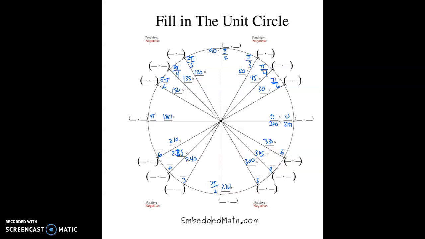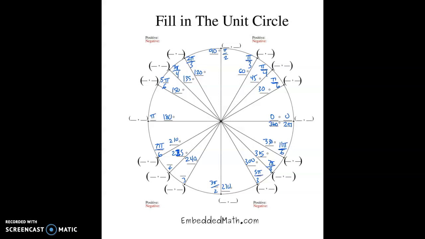One more than 6 pi over 6 would be 7 pi over 6. And then over on this one, 2 pi with a denominator 6 would be the same as 12 pi over 6. So one less would be 11 pi over 6. And then we've got 7 pi over 4, and we've got 5 pi over 3.